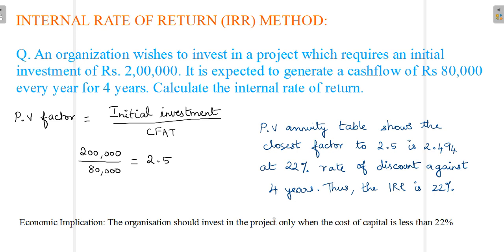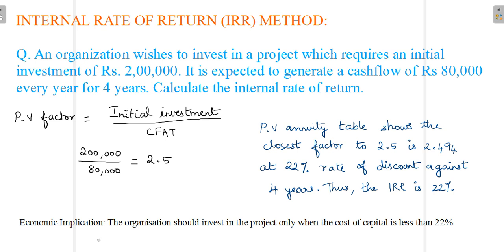So the first step here is we have to find the PV factor value. To find the PV factor value, we will divide the initial investment by cash flow after tax.